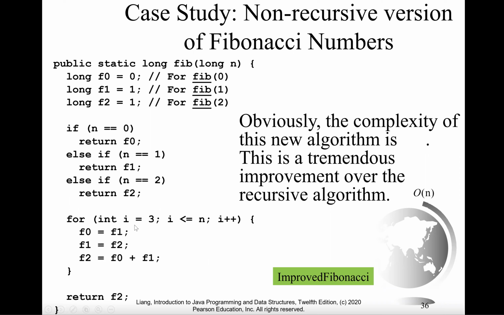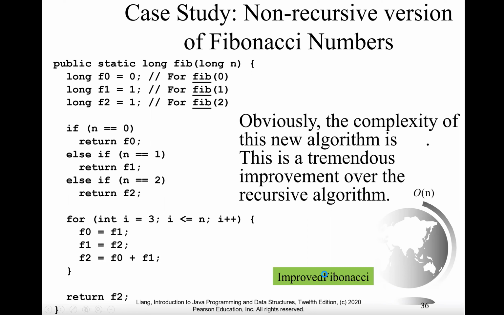Now, for this index i is 3, we're going to assign F1 to F0, F2 to F1. Now you get the new F2 as the new F0 plus the new F1. And now start over again, do the same thing. So every time in this loop, you update F0, F1, and then F2. After all this is done, you have reached index n, return F2.